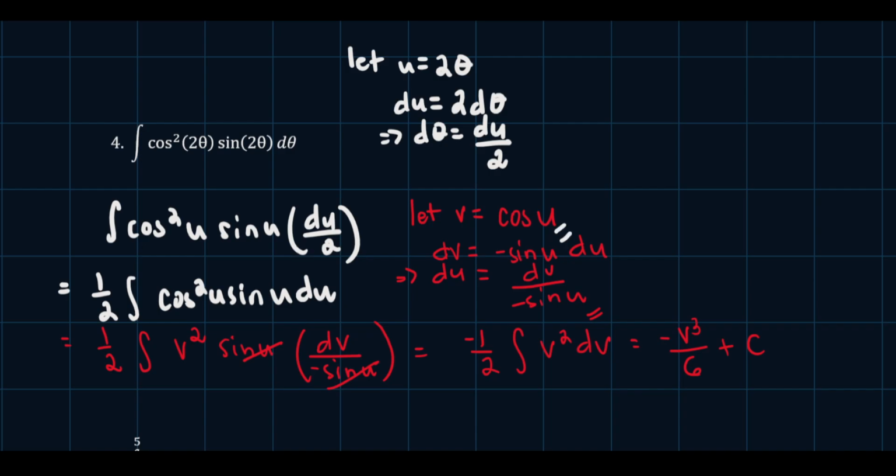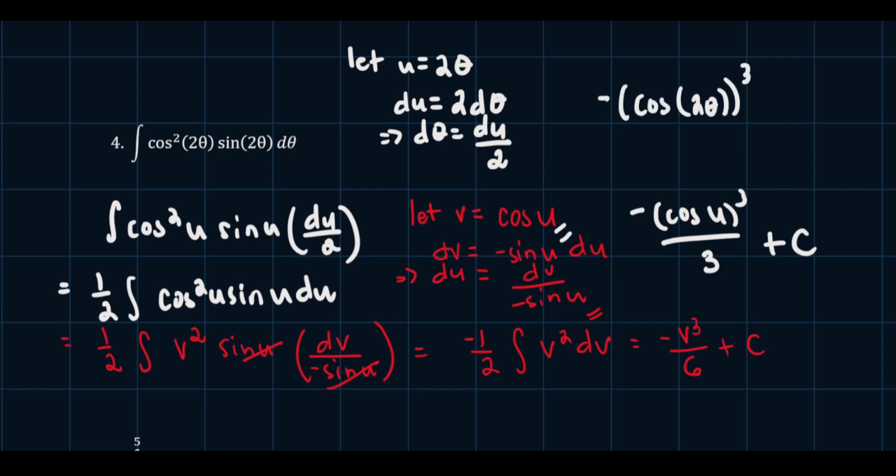So, dito ko na lang isusulat. So, we have negative cosine u cubed over 3 plus c. However, u is equal to 2 theta. So, ang final answer natin is negative of cosine 2 theta cubed over 3 plus c.